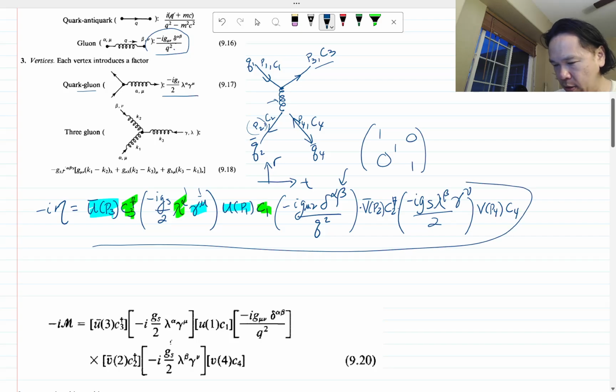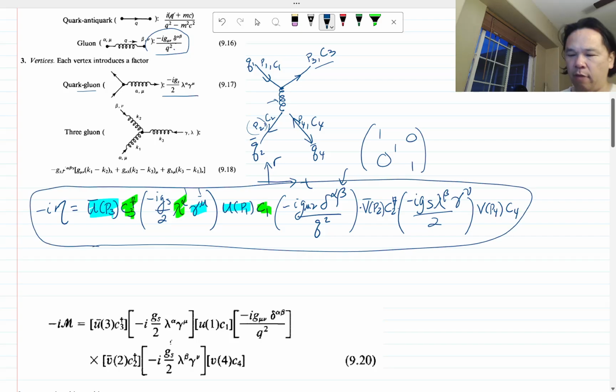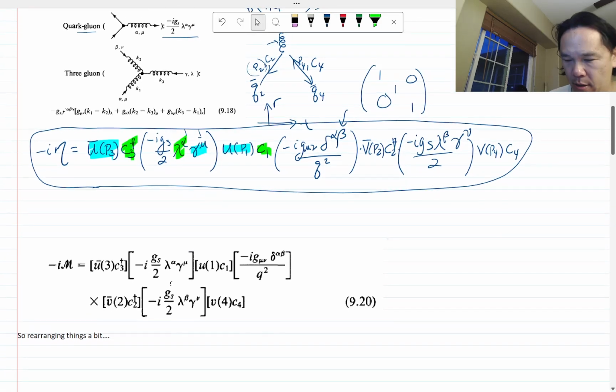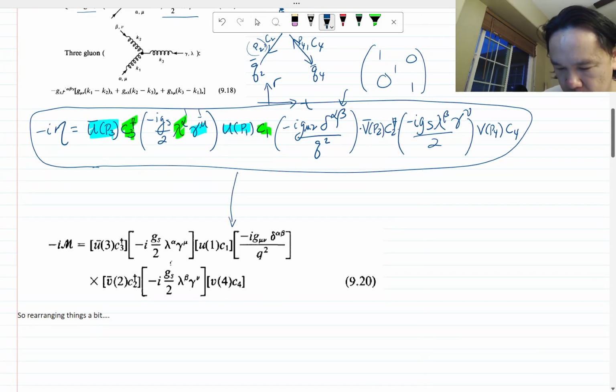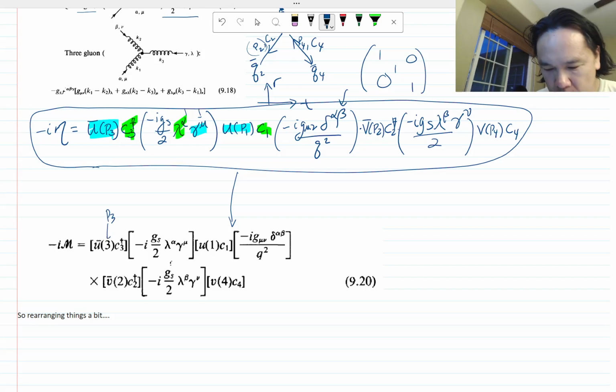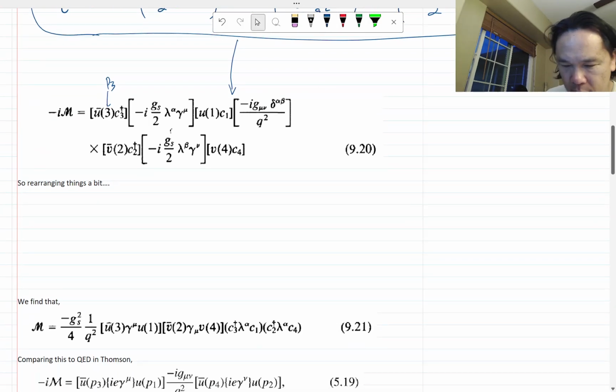So that's what we get by applying the Feynman rules, and we can compare that to exactly what Griffiths wrote down, so hopefully we can see everything. Griffiths has the shorthand where instead of saying p3, he just writes 3. That's okay, hopefully that's understood. But what we're going to do is rearrange things a little bit.